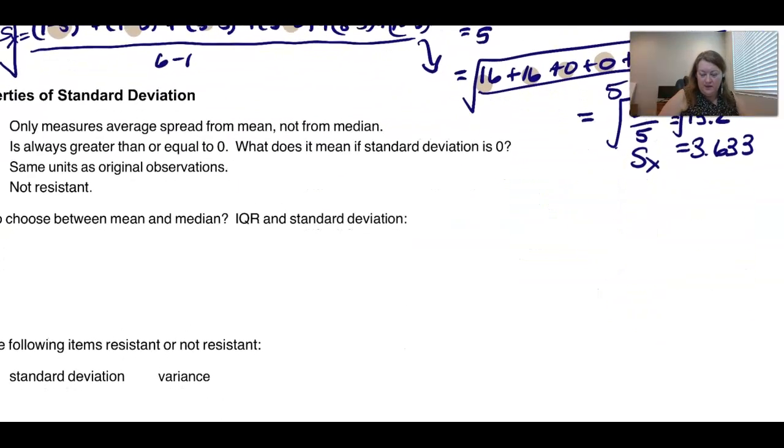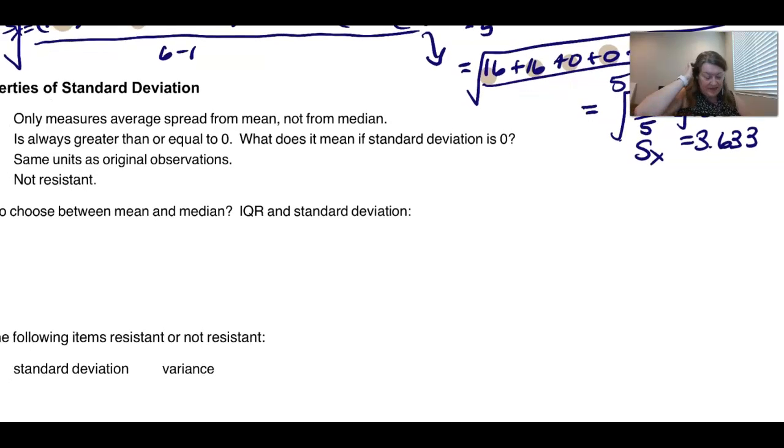Okay. All right, so next one it says how to choose between mean or median and IQR or standard deviation. Wait, I want to write this down so that you actually have a word for this.